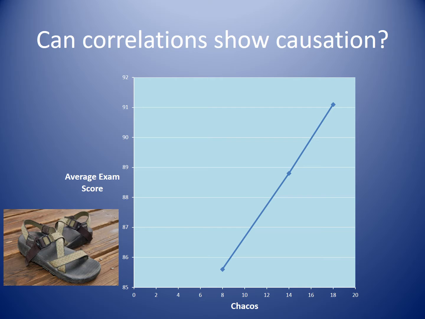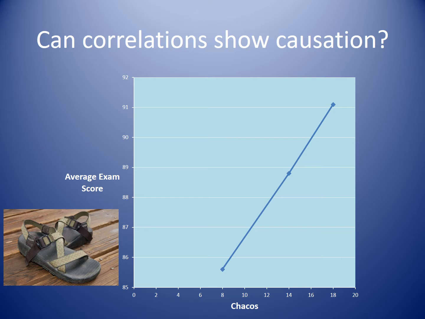So if this is a cross-sectional study example, a silly example, but when I was in graduate school, I taught an anatomy lab with multiple sections, and we would count the number of students wearing Chacos, everyone's favorite shoe, right? And their average exam scores. So the section where more students were wearing Chacos performed better on the exam, and the section where few students were wearing Chacos performed more poorly on the exam.